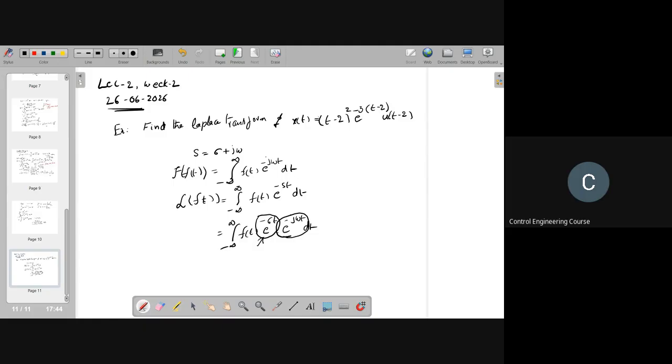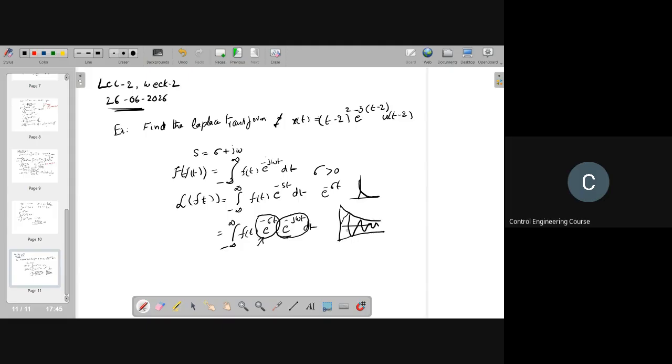Suppose sigma is greater than 0, then e to the power of minus sigma t is a decaying function, right? So this tells how the magnitude of these sinusoidals is changing, exponentially increasing or exponentially decreasing.